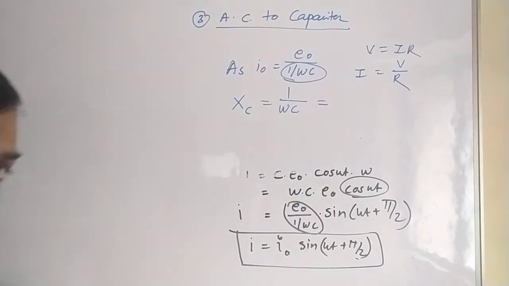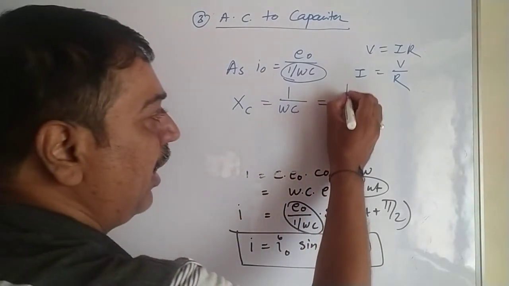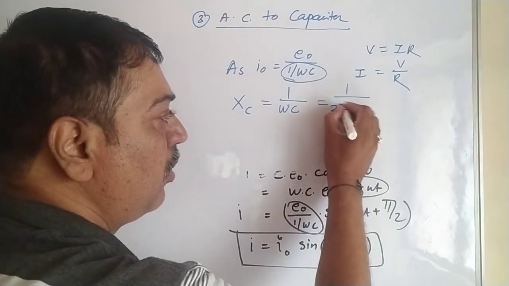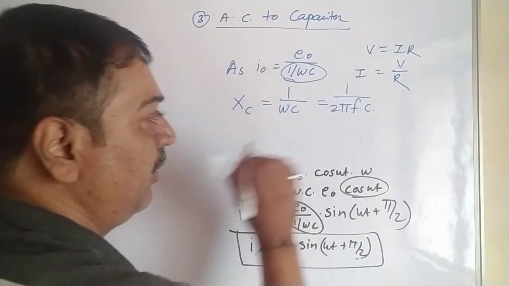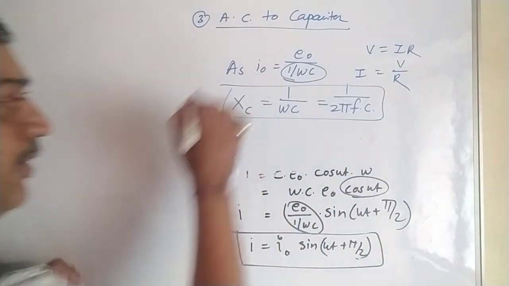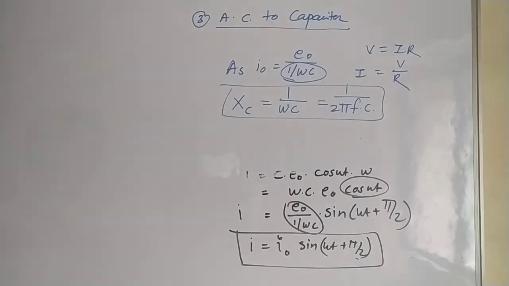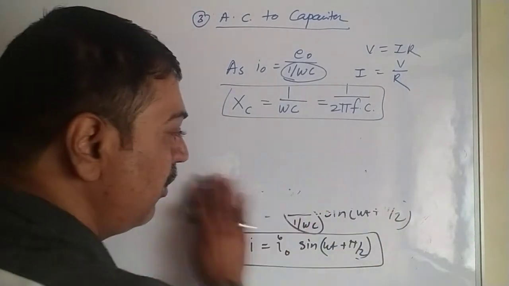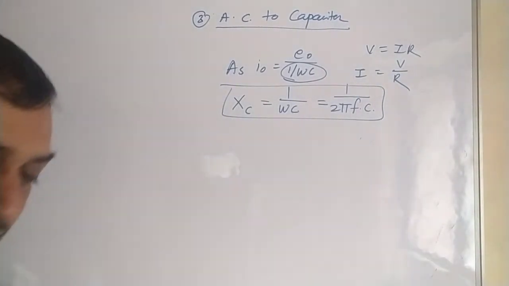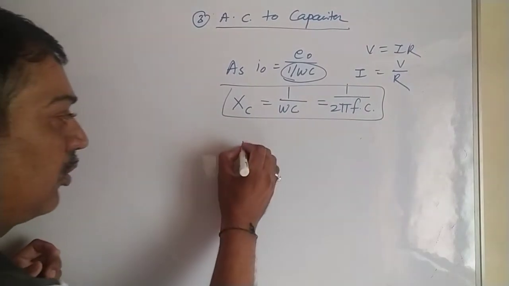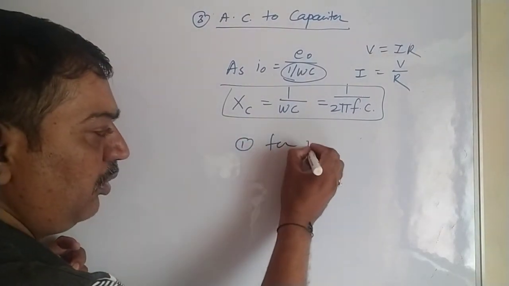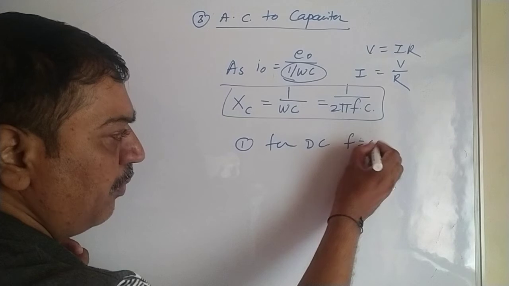What is the value of omega? 2 pi f. So we can write 1 divided by 2 pi f into C. So this is said to be capacitive reactance. Again, for AC and DC, you are going to find out what the changes are with frequency. First of all, for DC, f is 0.